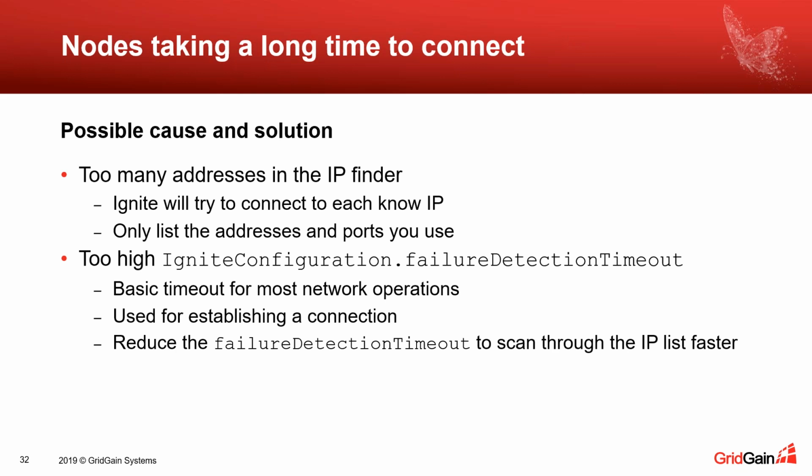There is a timeout called failure detection timeout, which is used for a lot of different operations in Ignite, and this is the basic generic timeout for a single operation. It is also used for a connection attempt. So if you make it shorter, then each connection attempt will be shorter, and the first node will start up faster.